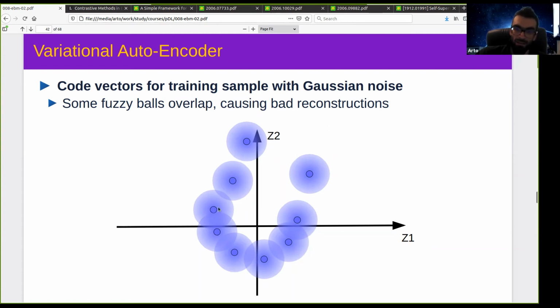And this will obviously have a high loss value. So what the model will try to do is push all these different points away from each other, and in this way we will again get a good reconstruction, but not a meaningful representation.